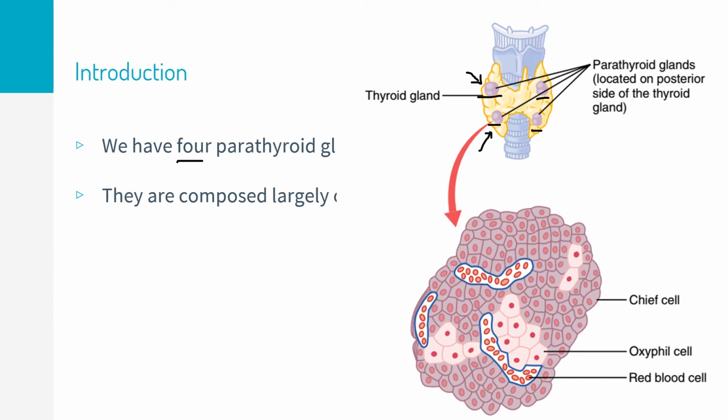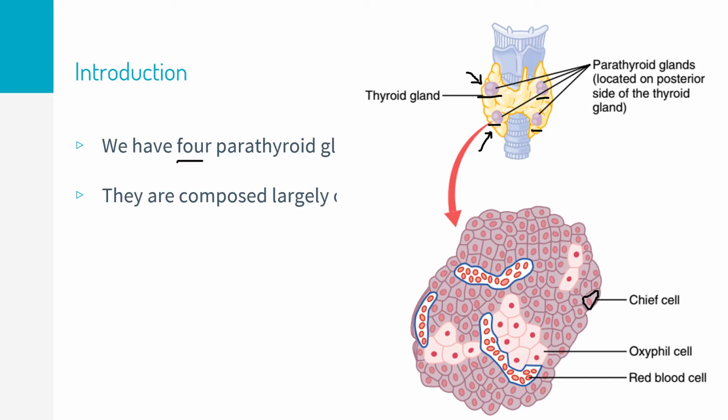If we look closely into one of the glands, you can see the chief cells, those purple cells, and they make up most of the gland.